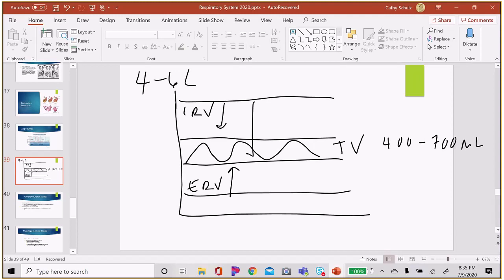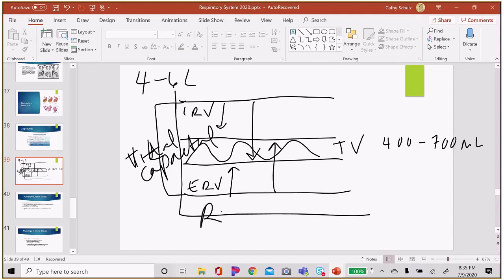If I'm using inspiratory reserve and the full tidal volume, that's my inspiratory capacity. If I'm using my expiratory reserve volume and my full tidal volume, that's my expiratory capacity. This is my vital capacity. Sorry, I'm mixing two words up together. This is my vital capacity, these volumes measured together.